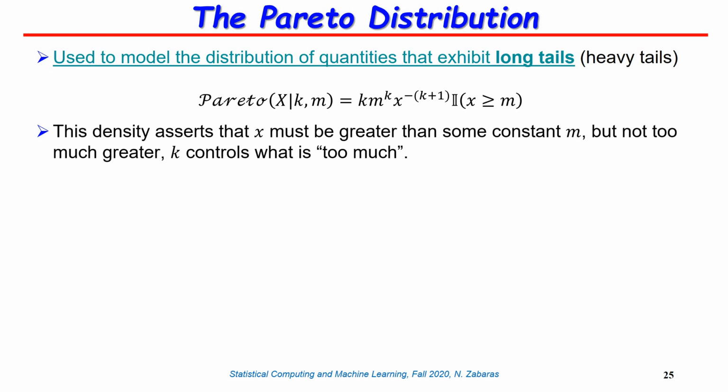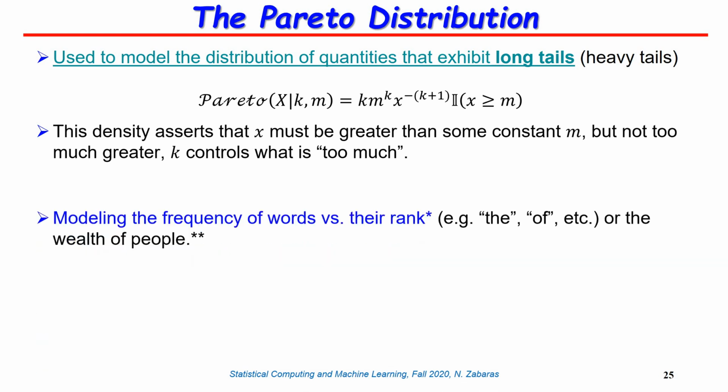And so, for example, the most frequent word takes place twice as often as the second most frequent word, and 3 times more often than the third most frequent word, etc. So those types of situations where we don't have evenly distributed variables or values are modeled using the Pareto distribution.